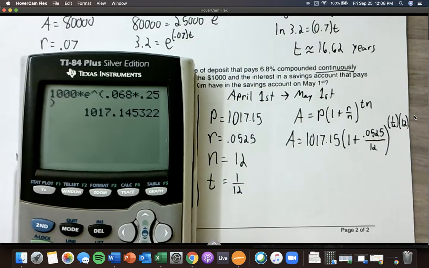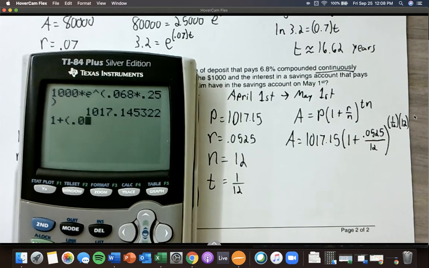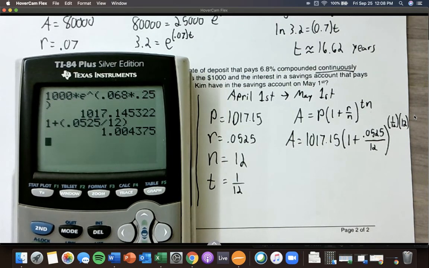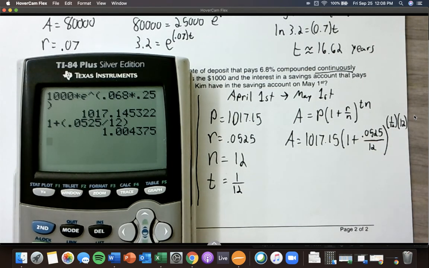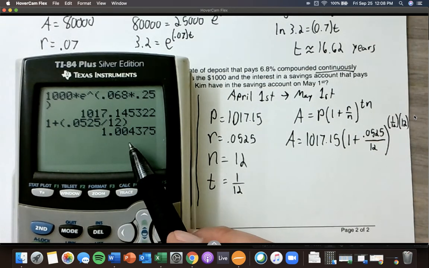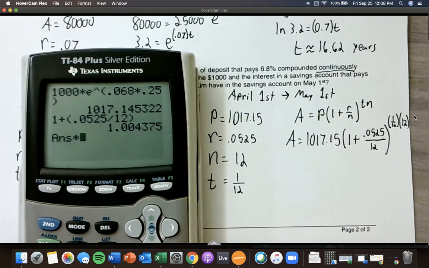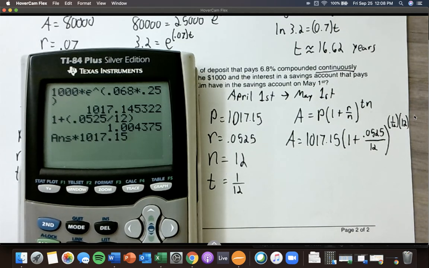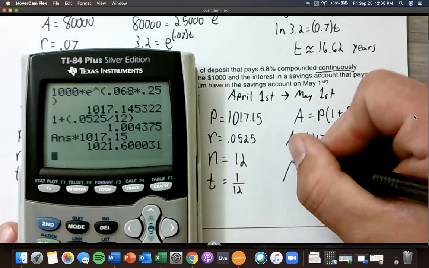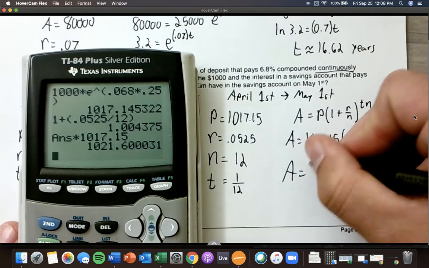All right, so we plug it into our calculator: 1 plus 0.0525 divided by 12, and that's all raised to the 1/12 times 12. Well, 1/12 times 12, that's just 1, and anything raised to the 1 power is just itself. So all we have to do then is just multiply by 1017.15.